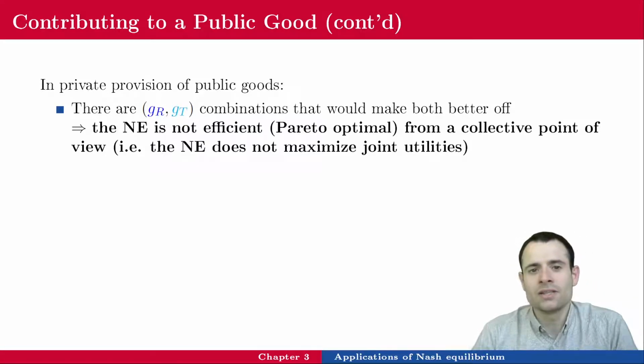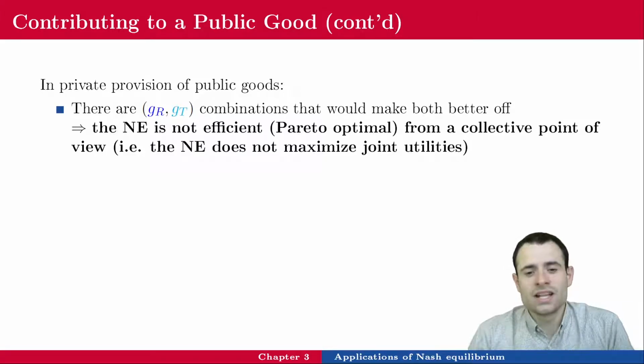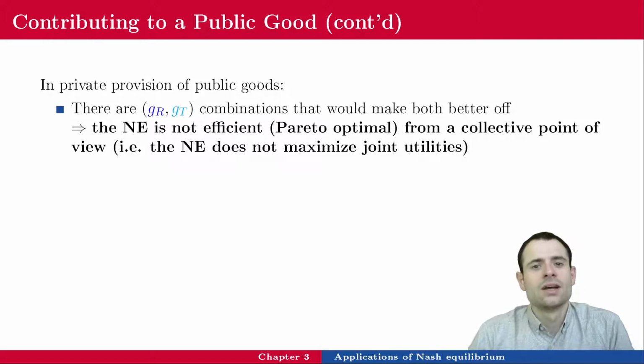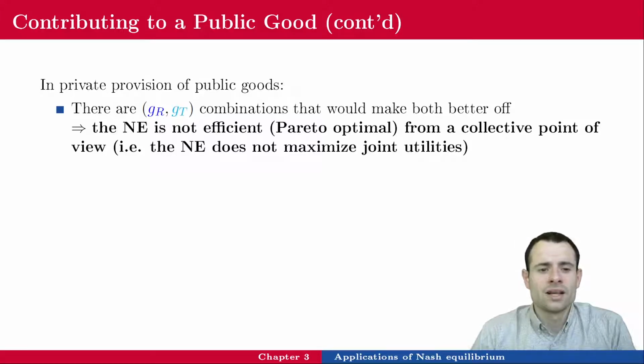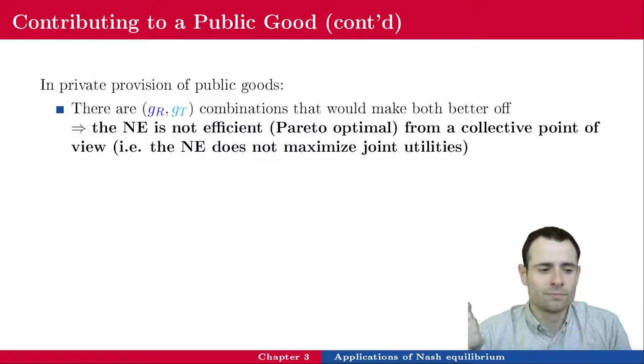They do not think about the other, and this is how they end up stuck in this Nash equilibrium that is not Pareto efficient. That sounds a bit like the prisoner's dilemma, right? It is not exactly the same context, but the conclusion has the same flavor.